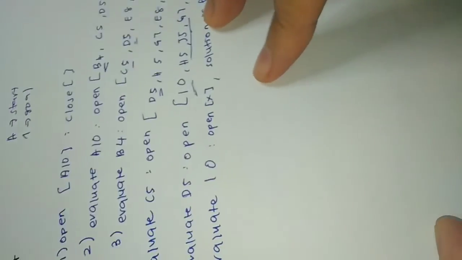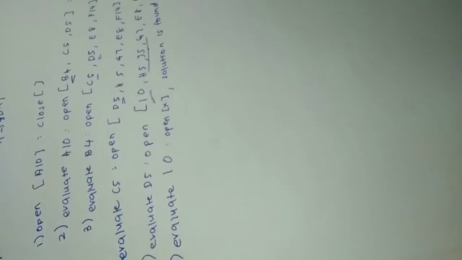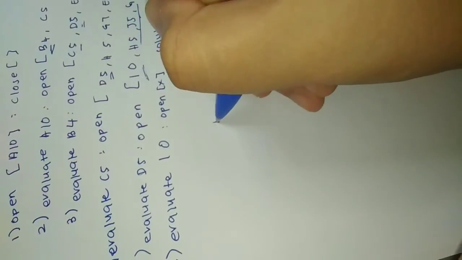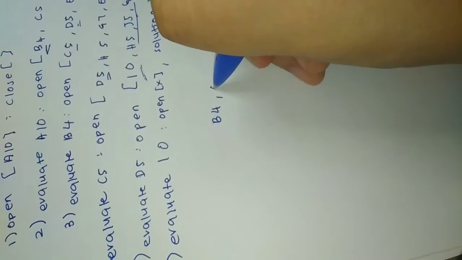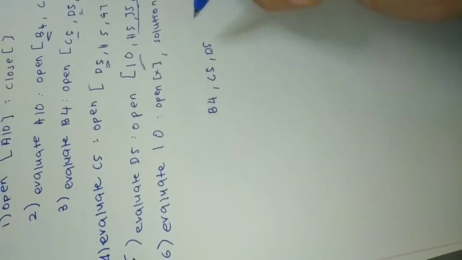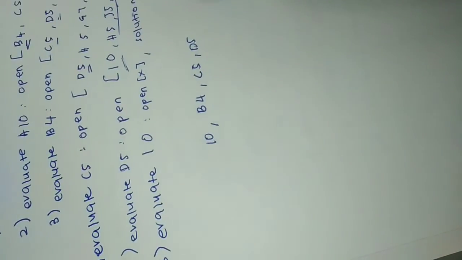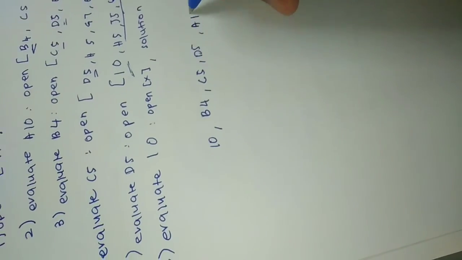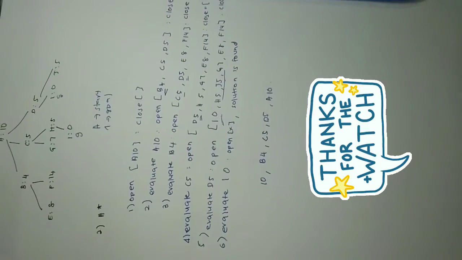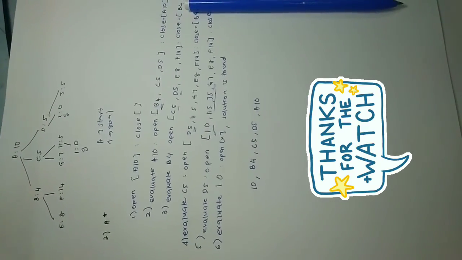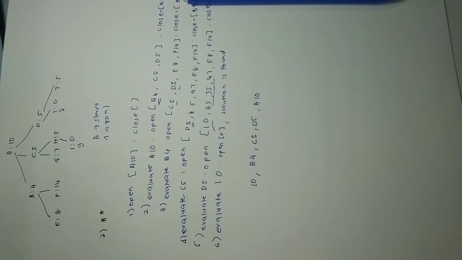Why? Because our goal is found. So this is the final answer: B4, C5, D5. Don't forget to write down I0, C5, D5, and I10. So this is the final answer for A star. Easy, isn't it? Okay, see you in the next algorithm.